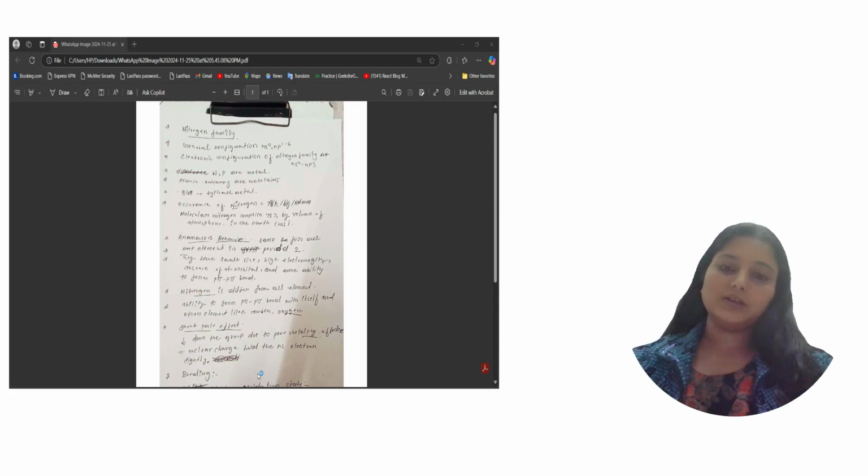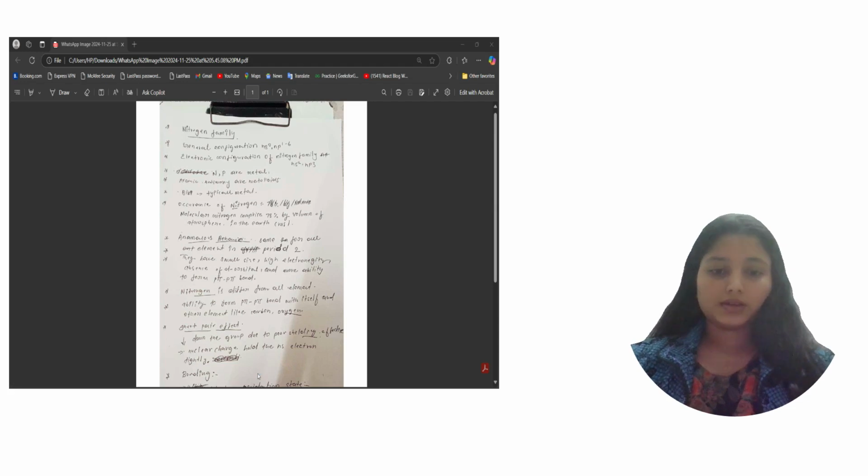Now we will talk about ionization enthalpy. It increases from left to right, and from top to down it decreases due to the gradual increase in size.